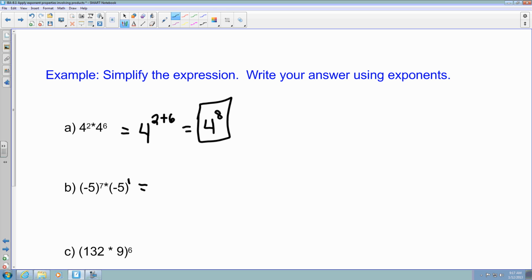So when simplifying the expression, you rewrite it as negative 5 to the 7 plus 1 power, which, if we add our exponents together, gives negative 5 to the 8th.